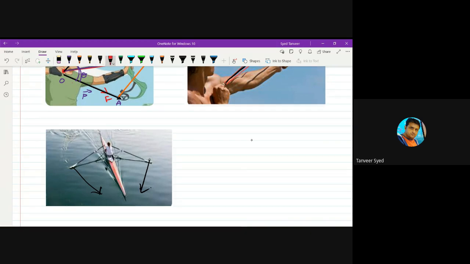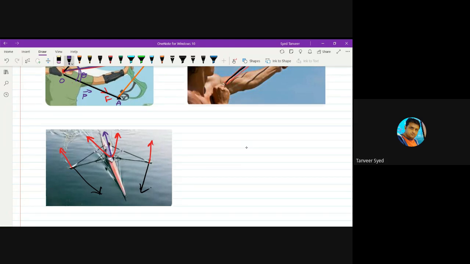So the water will be pushing the paddle in this direction and here in this direction. If I displace these two vectors and place them here, we can displace a vector parallel to itself like this and like this. Then the resultant of these two vectors will be this, and this is the direction in which your boat goes.